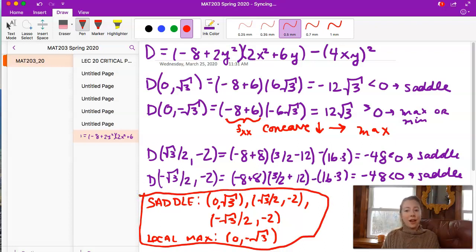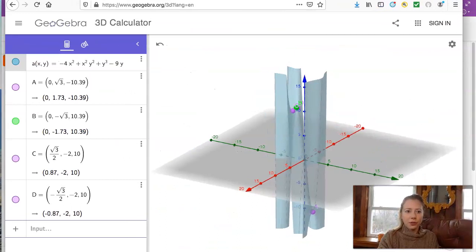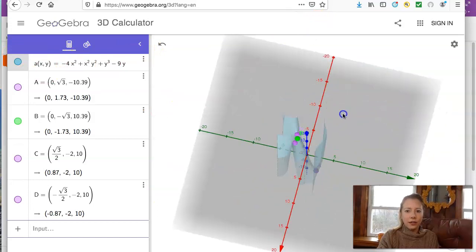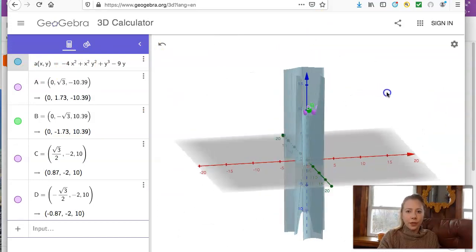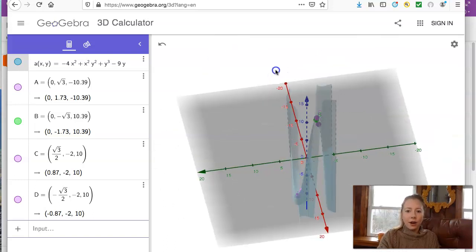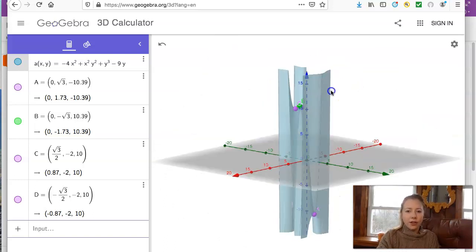So now let's just look at a plot of this function in GeoGebra to see how everything looks to make sure that our answers make sense. So opening up GeoGebra. All right, so here we see a plot of our function. And I went ahead and plotted our critical points on the function.